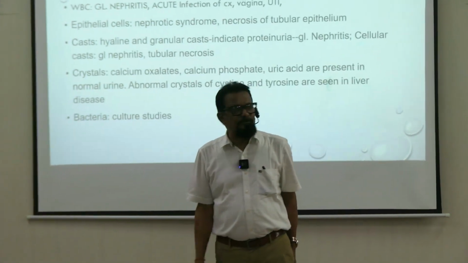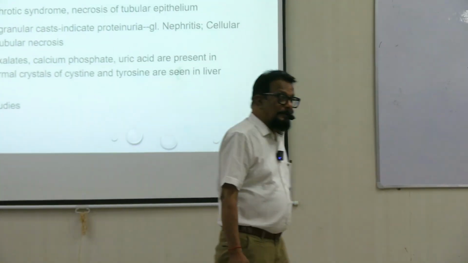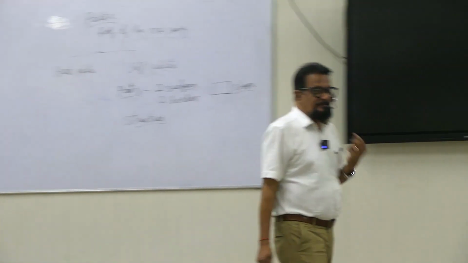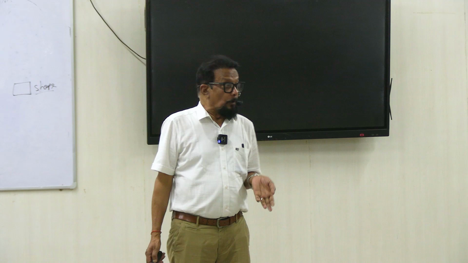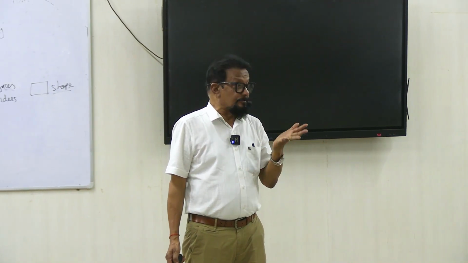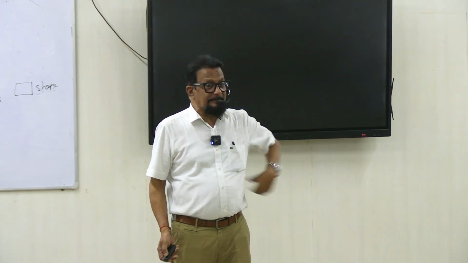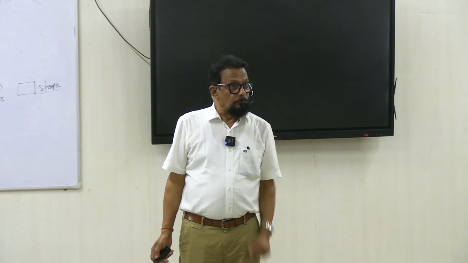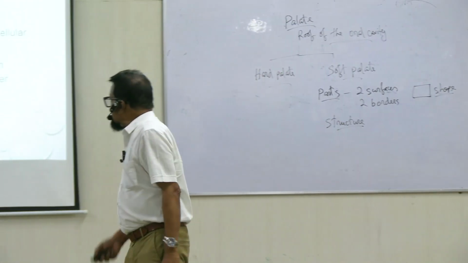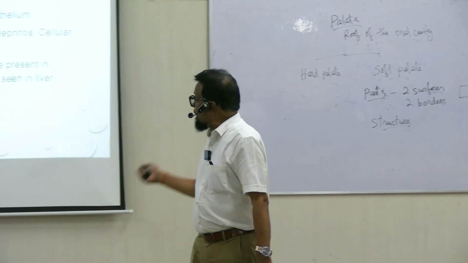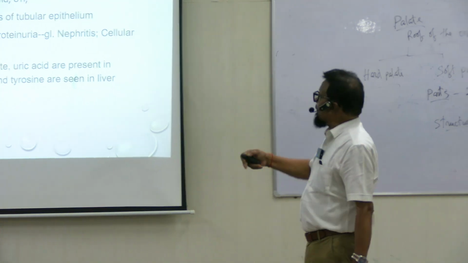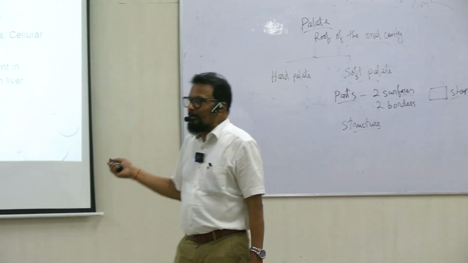Crystals: different kinds of crystals are seen, say sodium oxalate, ammonium oxalate. These types of crystals are normally present when there is a kidney stone, so the amount of oxalate will be increased. More oxalate suggests that the kidney may have a stone. Besides this, crystals of cysteine and tyrosine may be seen in the urine, and these are formed in liver disease.